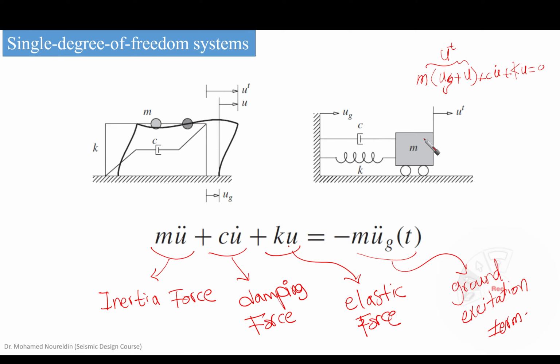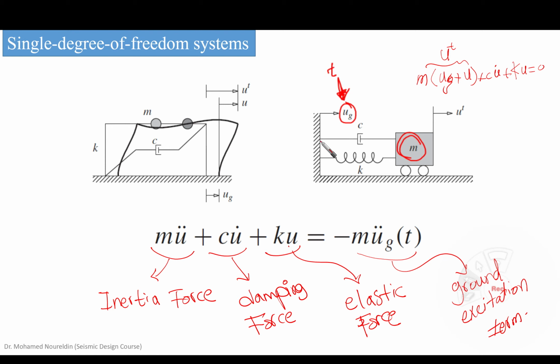If we have a mass, as you can see here, on a trolley, and this surface is frictionless, there is no friction here. This mass is connected to a wall. This wall is moving with displacement u of g, which is changing with time.